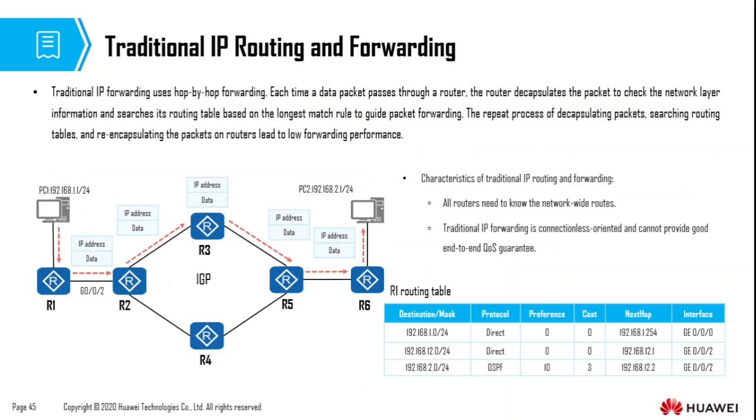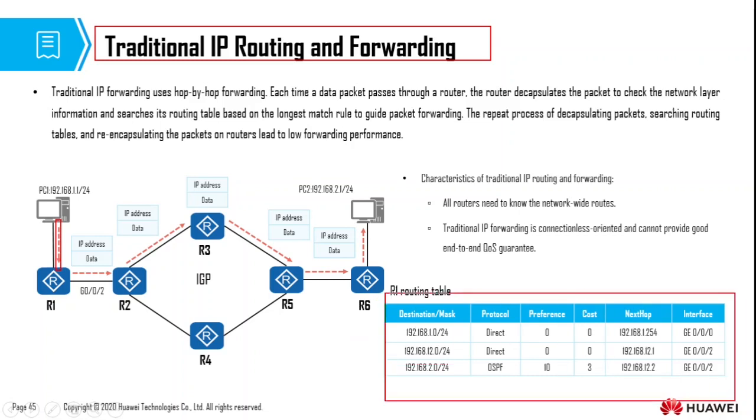Okay, so this is just trying to give you the traditional IP routing and forwarding. So I won't be here for long. Just to reiterate that the routers will forward depending on the longest match principle. The router receives the packet, looks at the destination address, searches its own routing table. Do I have this particular network?